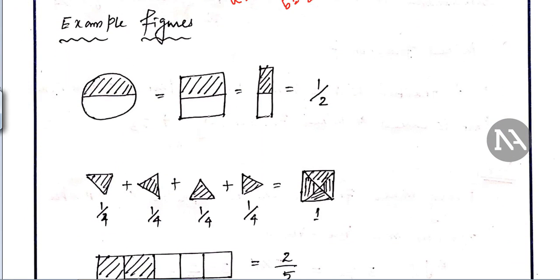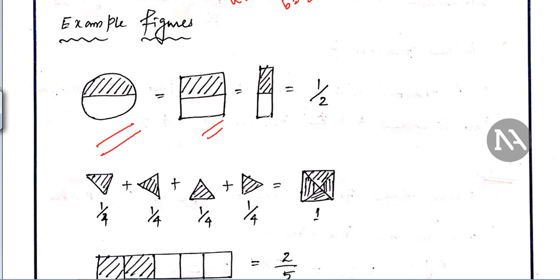So we will see some examples. What is a fraction? What is the use of a fraction? See these figures. First, it is a circle. This is half of the circle. And this is a square, and this is half of the square.